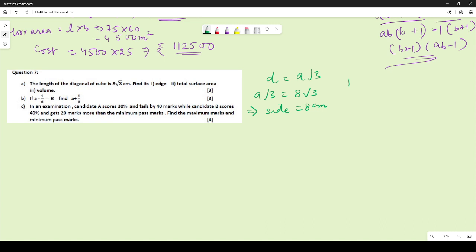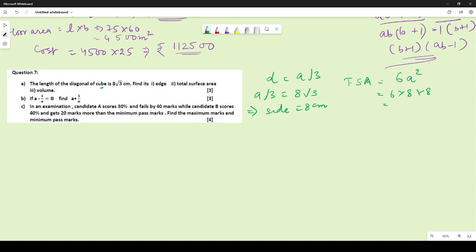Total surface area, TSA. आपको पता है क्या फॉर्मूला होता है? क्यूब है ये, तो इसका फॉर्मूला होता है 6a square. So 6 into 8 into 8, right? So what is 6 into 8 into 8? When you multiply 8, are you fast enough with this?